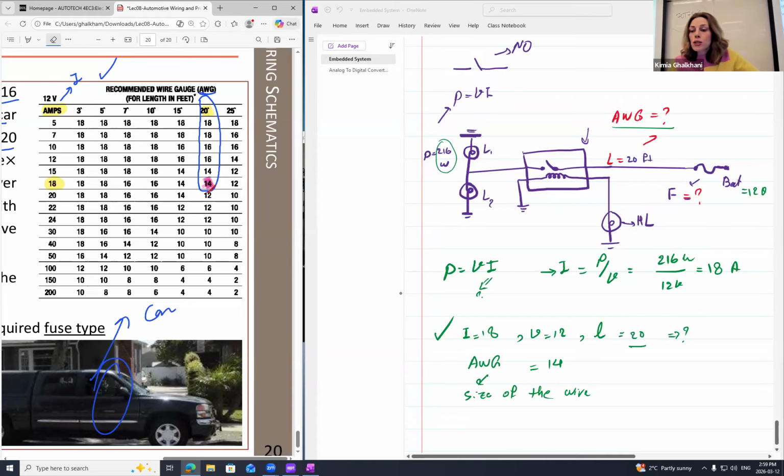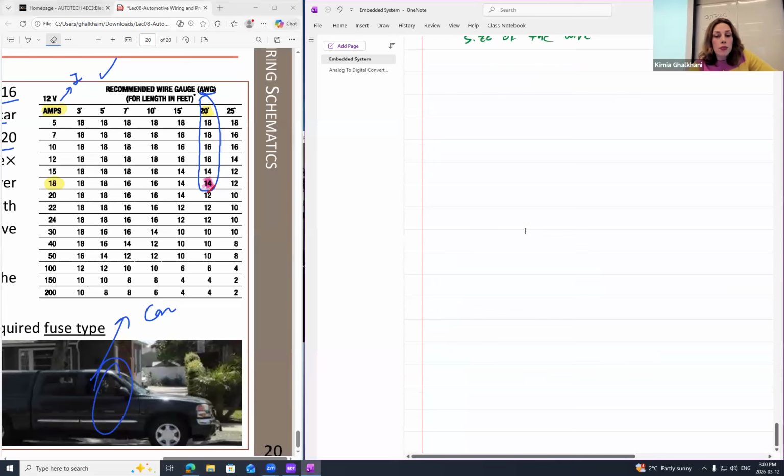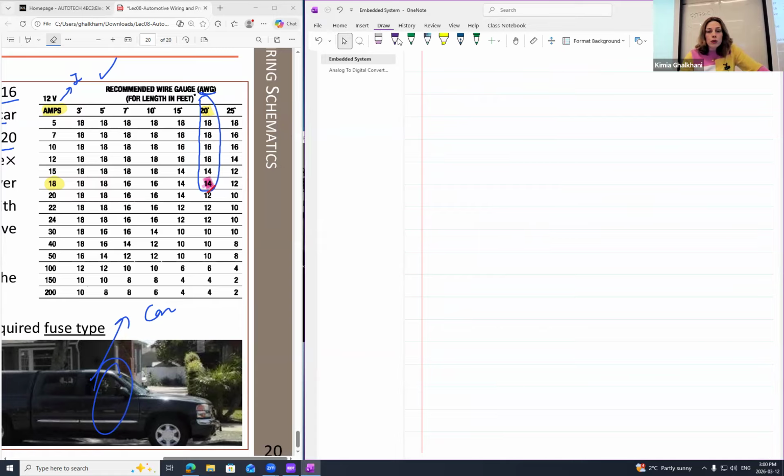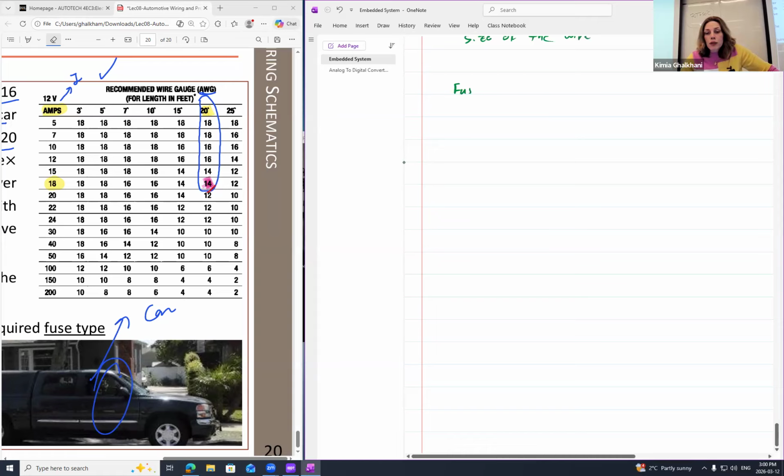Now, another question. So far I found this one is going to be 14. Another question for me now is, what is your fuse size? Let's practice how to find my fuse size. We have some fuse rating. In order to look at the fuse rating, the rule is that the fuse is rated 20% more than this. Let me write it.